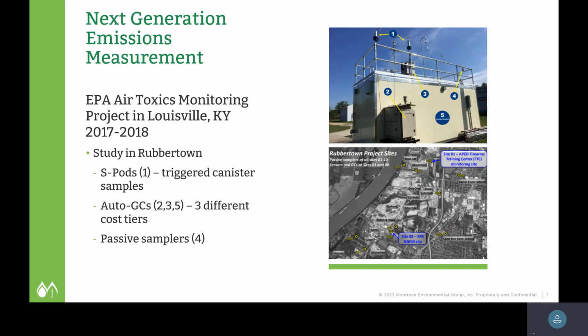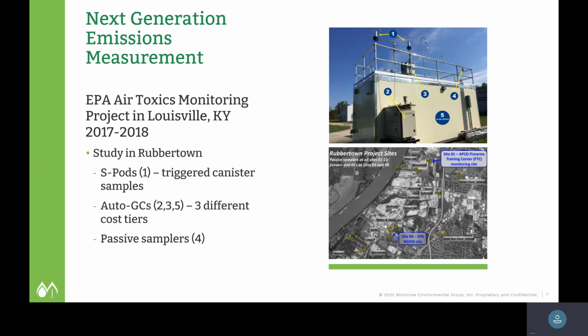So we're going to back up a little bit here, or rather, it's simultaneous. There was an air toxics monitoring project in Louisville, Kentucky, in an area called Rubbertown. This is a chemical area, known for a lot of pollution of various organic chemicals. It's a pretty complex area. So what EPA did with this one, we see S-Pods again.